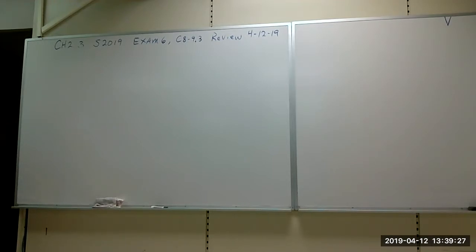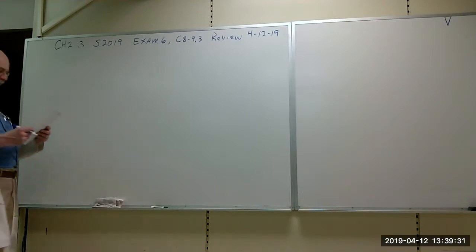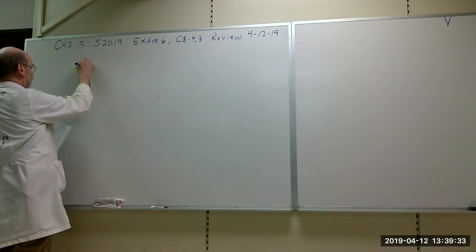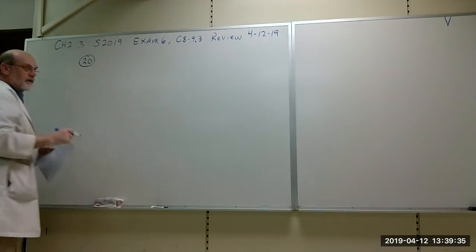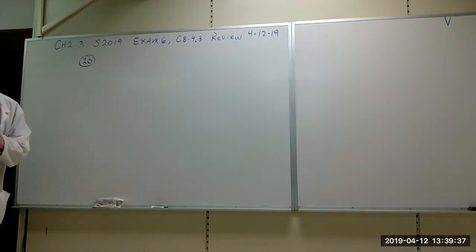How about 20? Which of the following types of molecules always has a dipole moment? First of all, what do you have to consider to find out if a molecule has a dipole moment? 2 things. Do the bonds have dipoles? And what's the geometry?